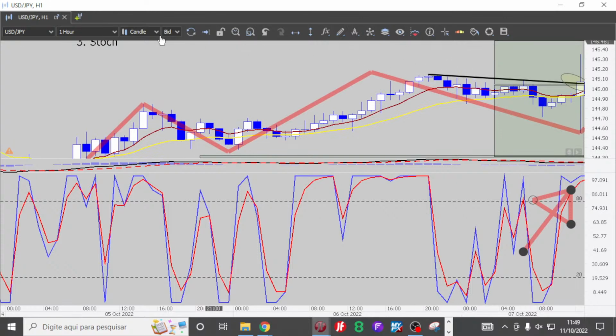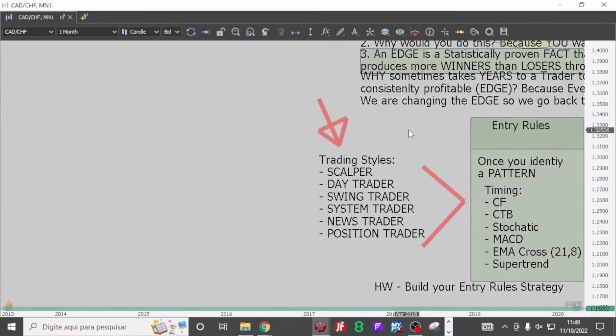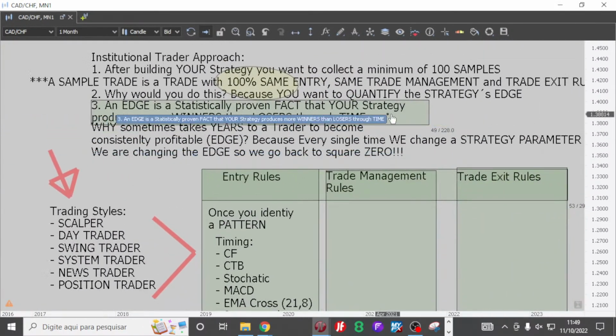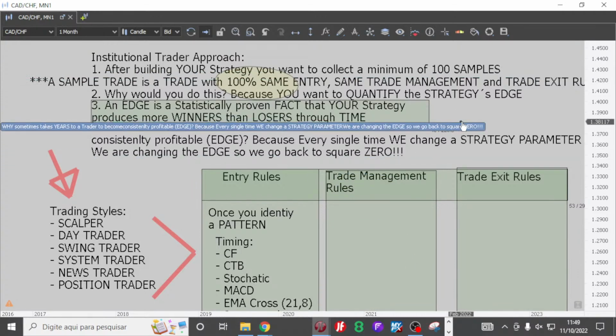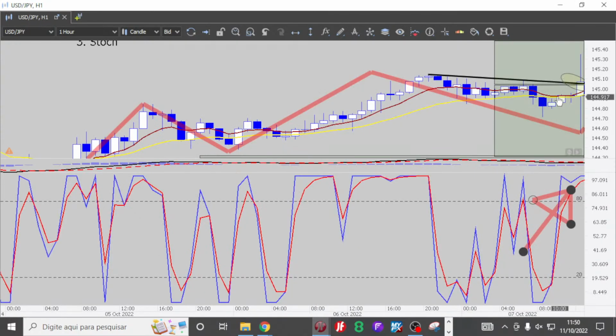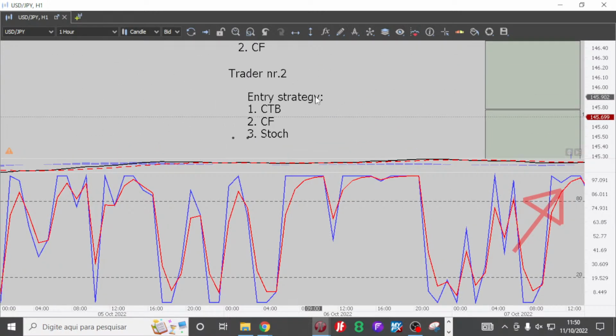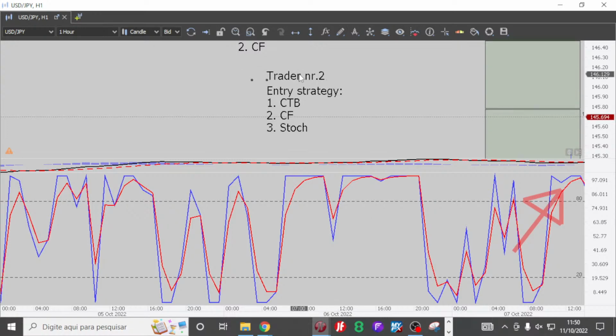So talking about collecting the 100 trades, this trader had no entry. This is the most important thing I want you to understand right now. The trader with the candlestick formation and counter trend line break, he or she entered. The trader number 2 here, who said, okay, counter trend line break and candlestick formations and stochastic, he or she has no entry with the stochastic.